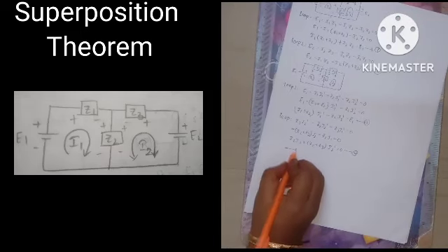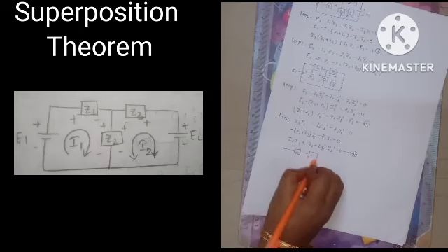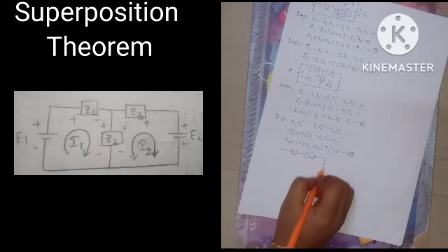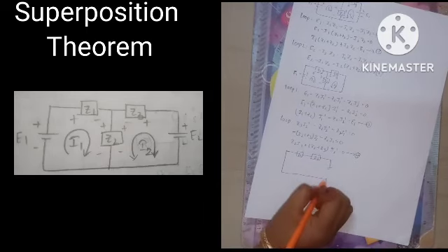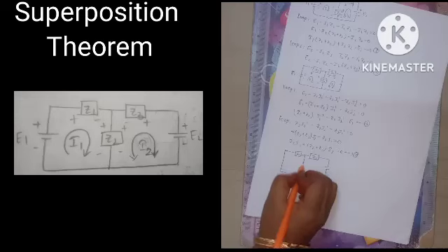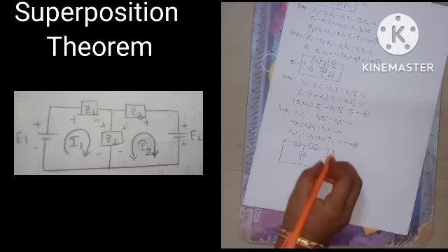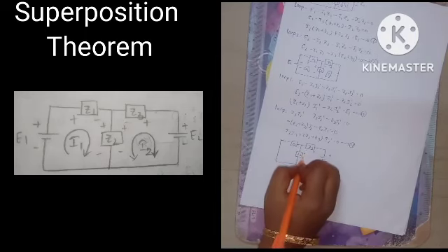Now the diagram is Z1, Z2, Z3, removing the first voltage source.